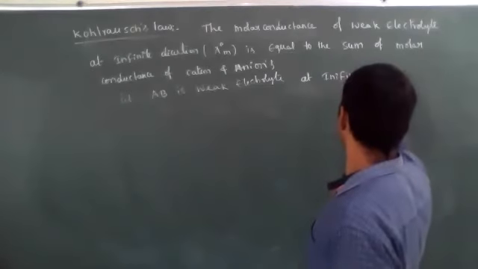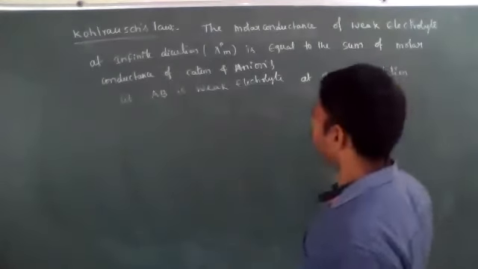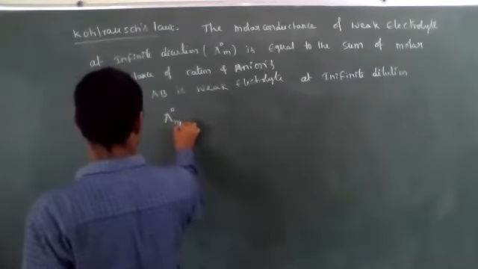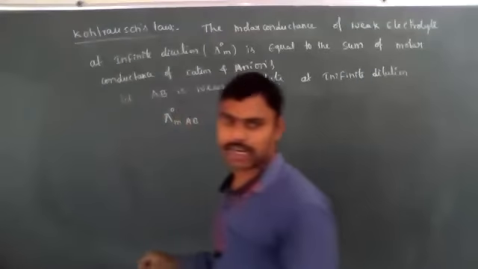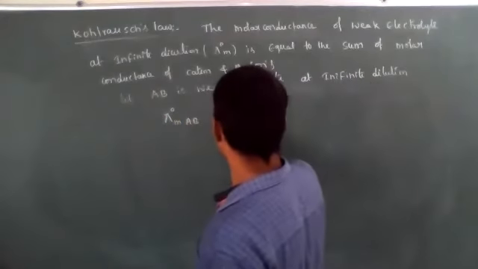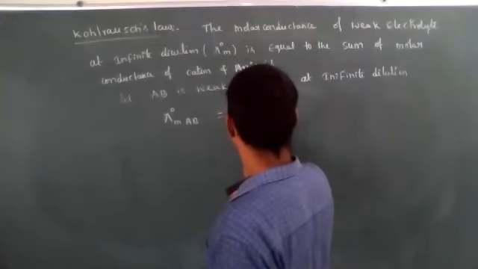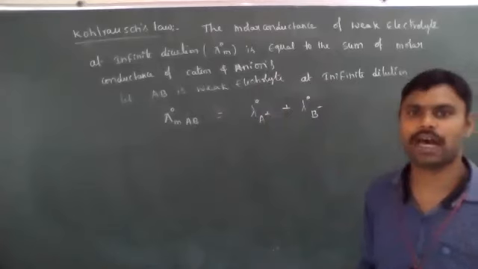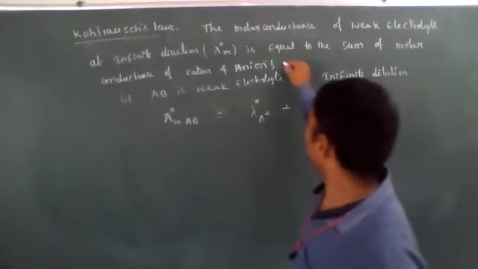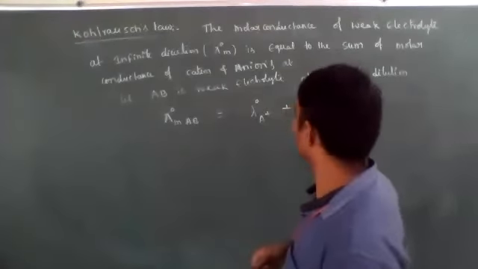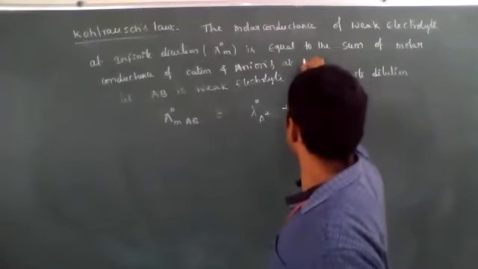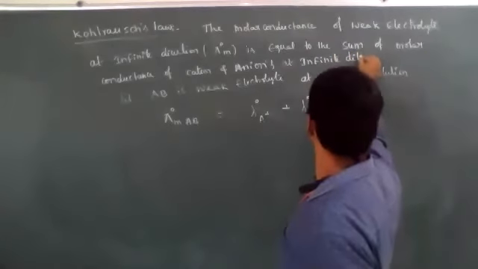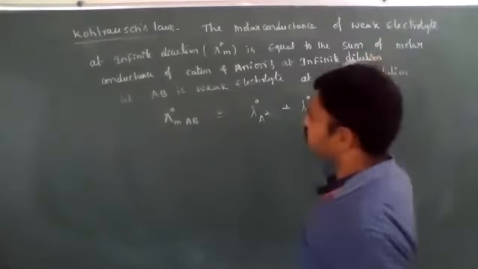At infinite dilution, the molar conductance of AB is equal to the molar conductance of A plus the molar conductance of B minus, the sum of the molar conductance of cation and anion at infinite dilution. This is known as Kohlrausch law.